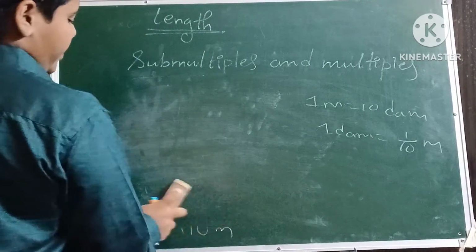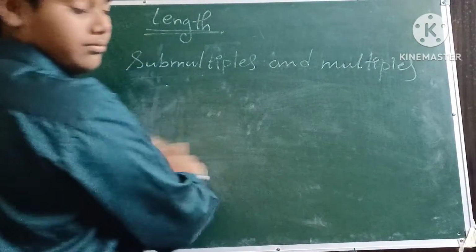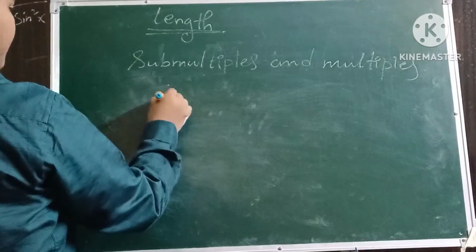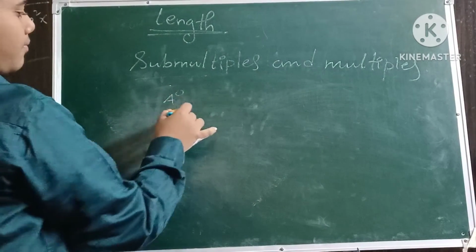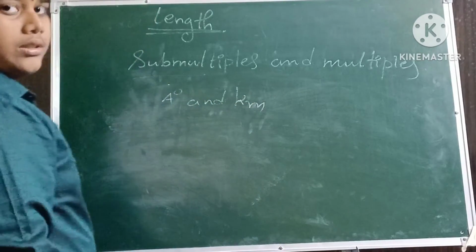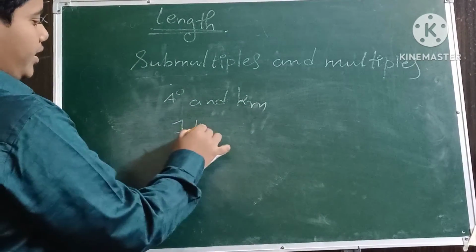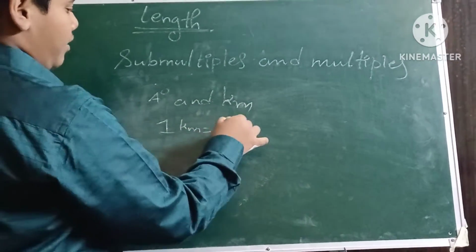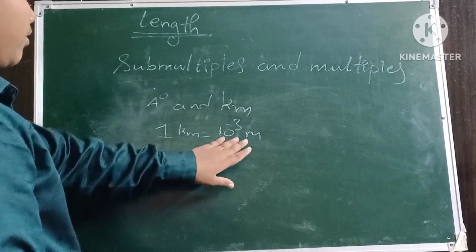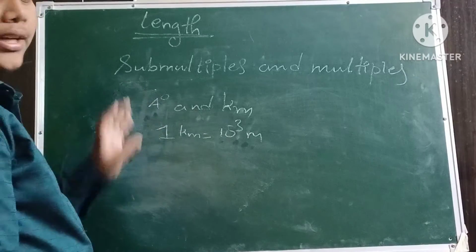So the relation between angstroms and multiples. I am asking the relation between angstrom and kilometer. We already know that 1 kilometer is equal to 10 to the power of 3 meters. We already know 1 meter is equal to 10 to the power of 10 angstroms.